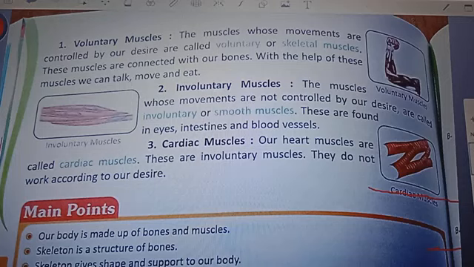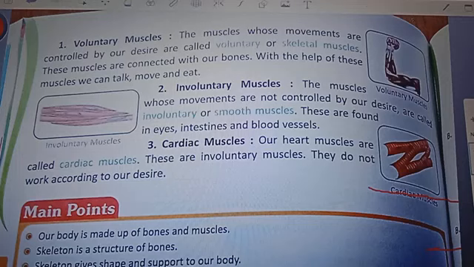The muscles whose movements are controlled by our desire are called voluntary or skeletal muscles. If we wish to move a muscle, then only that muscle will move. It is by our wish, our decision.